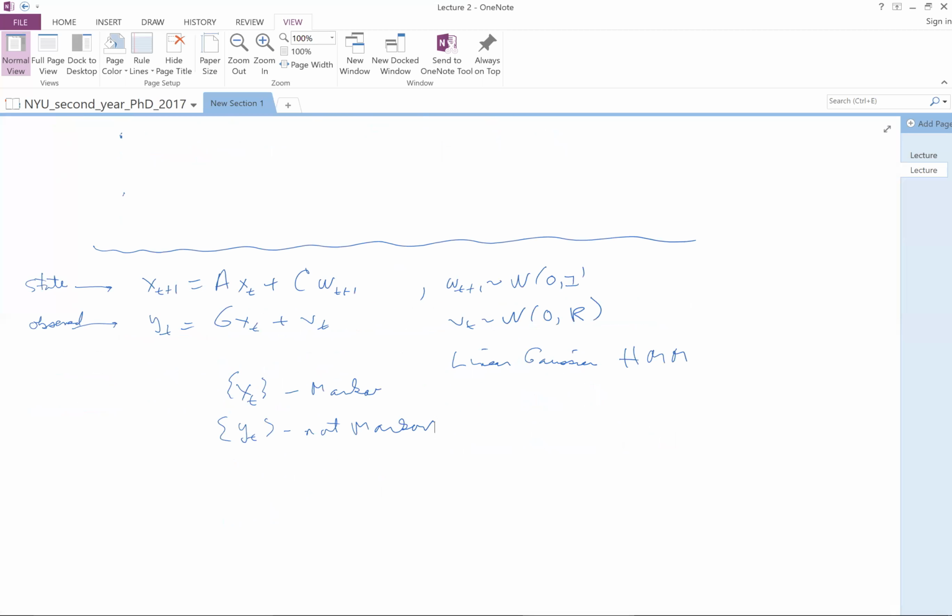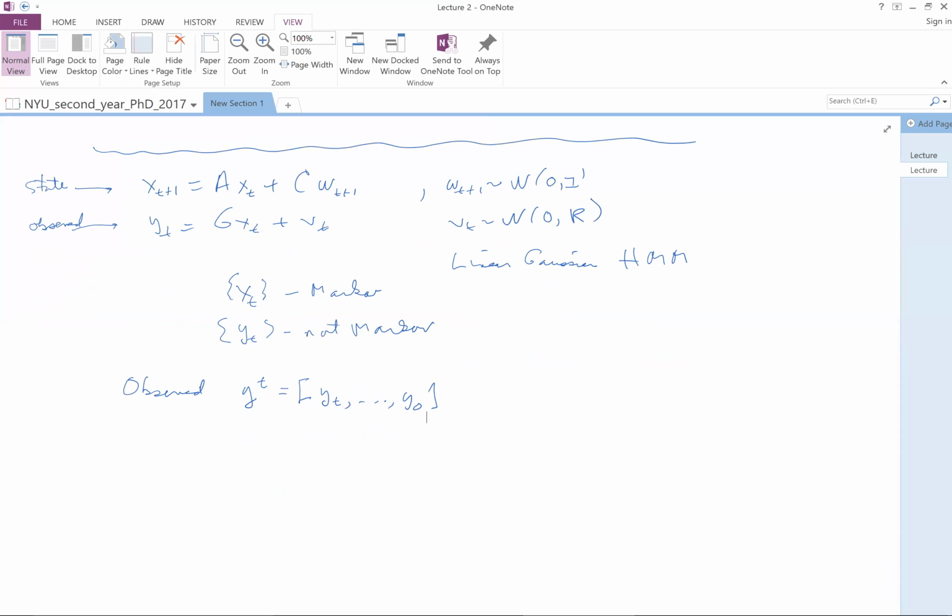So this is called a state space representation. So here's what we want. For a variety of reasons, we're going to define a history of observations. What is observed at time t is a history yt back to y0.